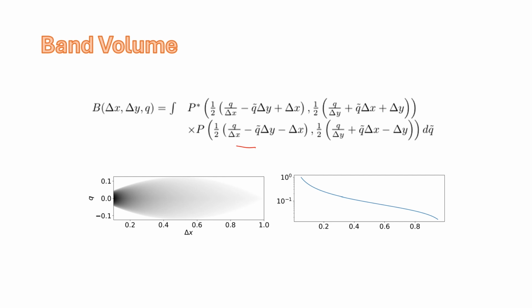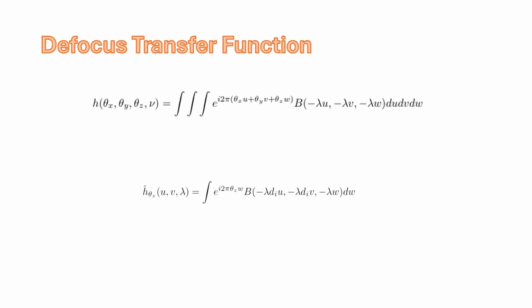So we can take that band volume and derive the two-dimensional transfer function because the band volume describes the three-dimensional transfer function. If we integrate out along the spatial frequency in the theta z direction, where again theta z has the form of 1 over range, if we integrate that theta z out, we have the two-dimensional optical transfer function, or in this case the defocus transfer function, describing the transfer function of the field in this defocus plane. This has the form of this integral over the band volume.